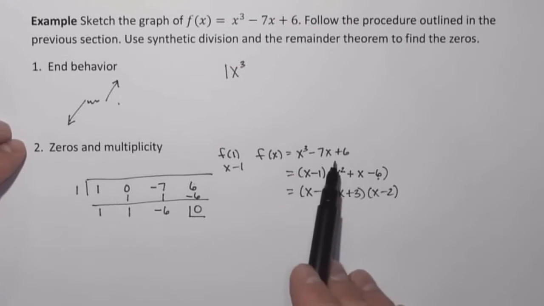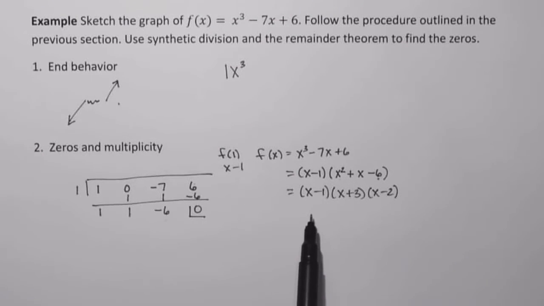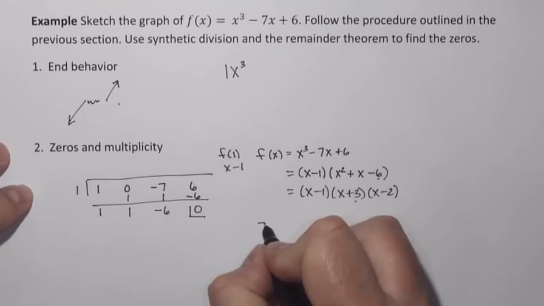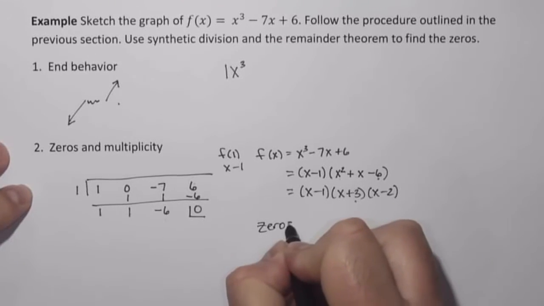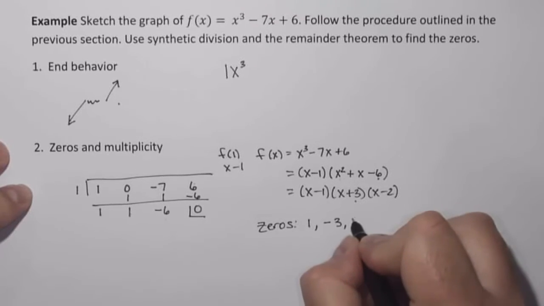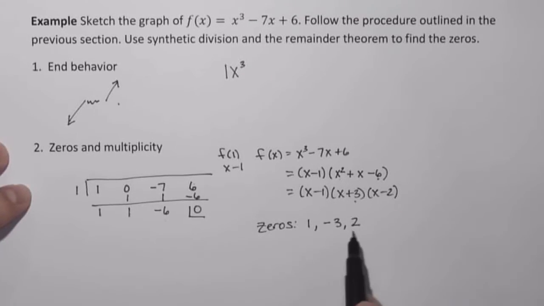And so our function factors into x minus 1 times x plus 3 times x minus 2. So our zeros are going to be 1, -3, and +2, and each of those has a multiplicity of 1.